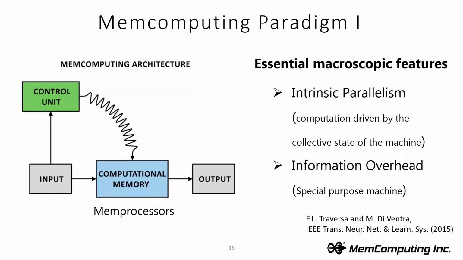So let's see. You can view a universal MemComputing machine as a counterpart of a universal Turing machine. So it's a non-Turing type of computational paradigm.